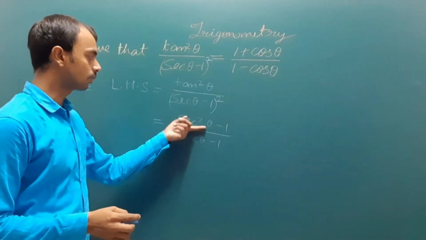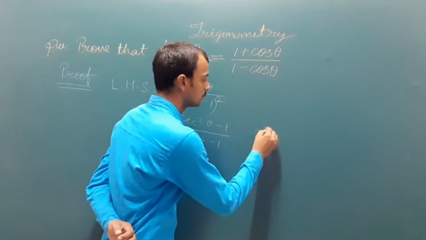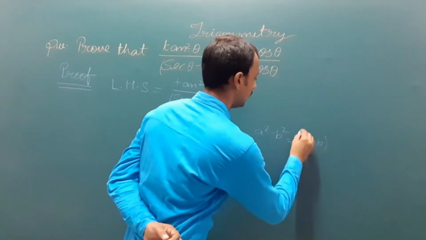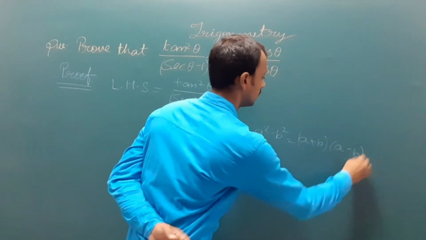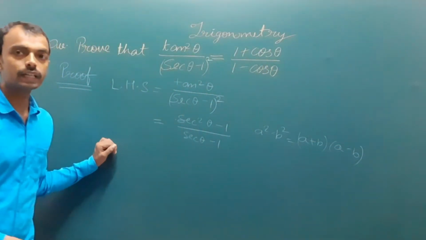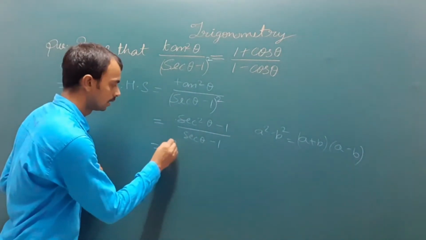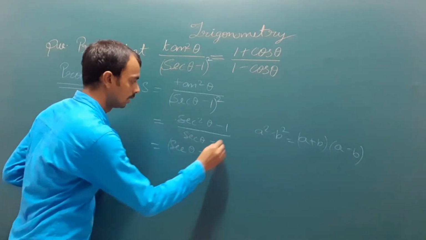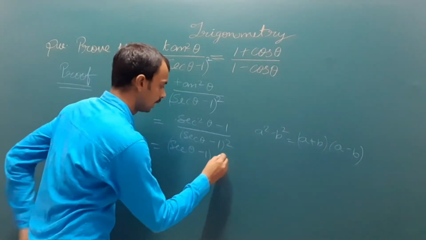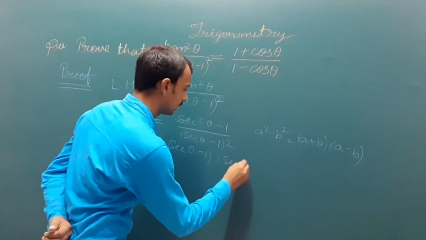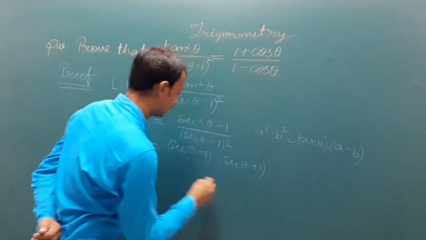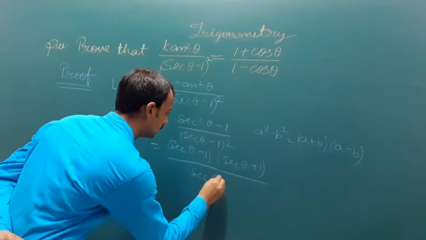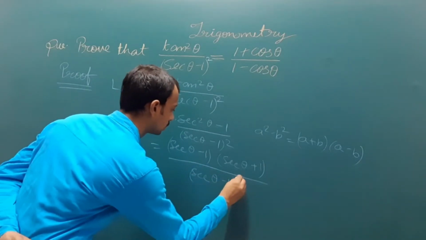Now is this in the form of a square minus b square, which is equal to (a plus b) and (a minus b), isn't it? So we can write it as (sec theta minus 1) and (sec theta plus 1), and here we have (sec theta minus 1) the whole square.